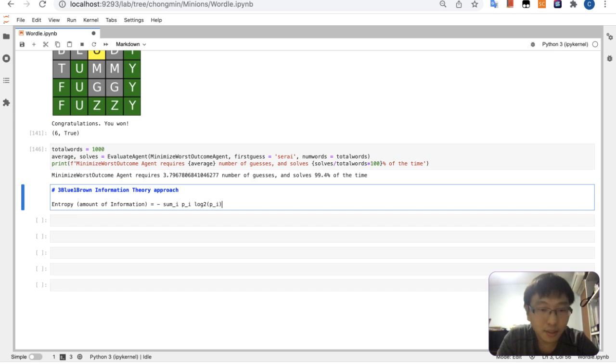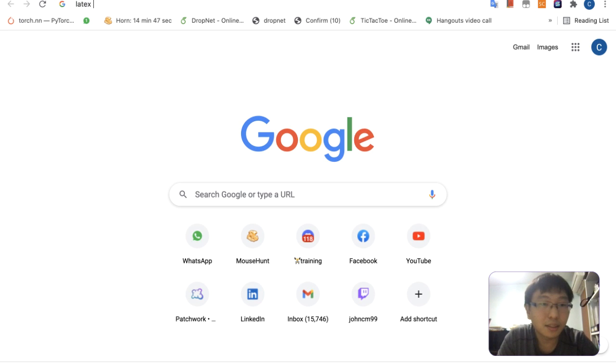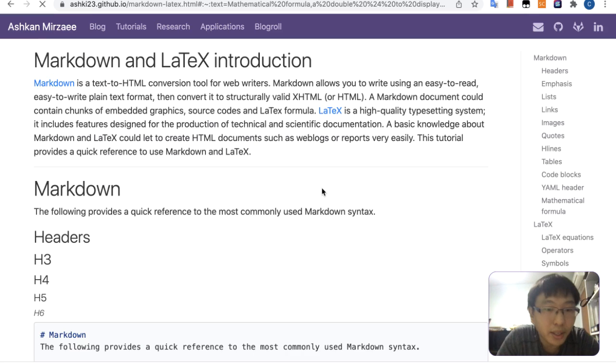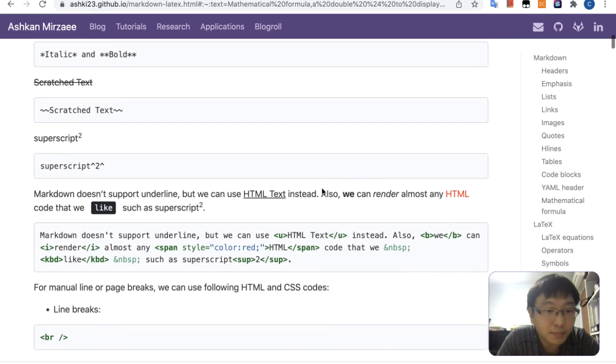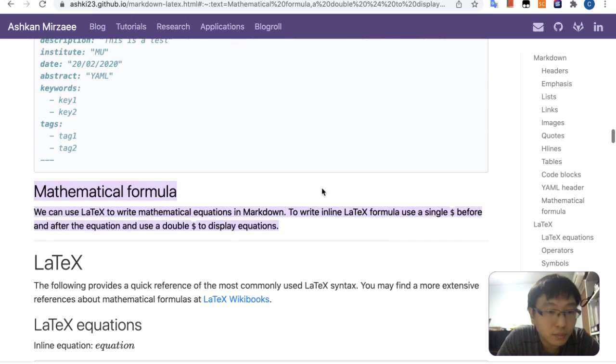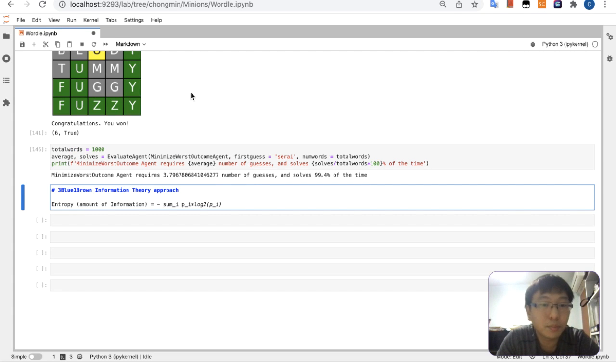I wonder if I can do LaTeX over here. LaTeX in markdown, can I do it? To write inline LaTeX, do a dollar sign. Oh, okay, I can do LaTeX.